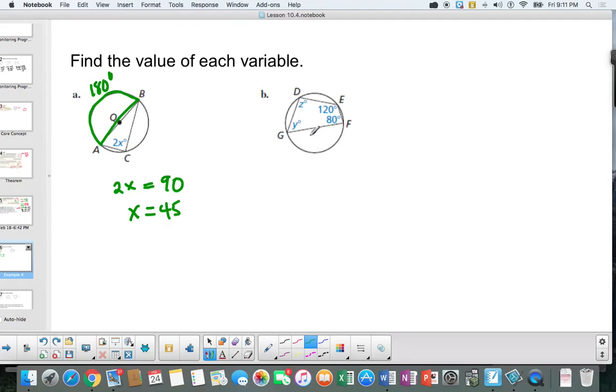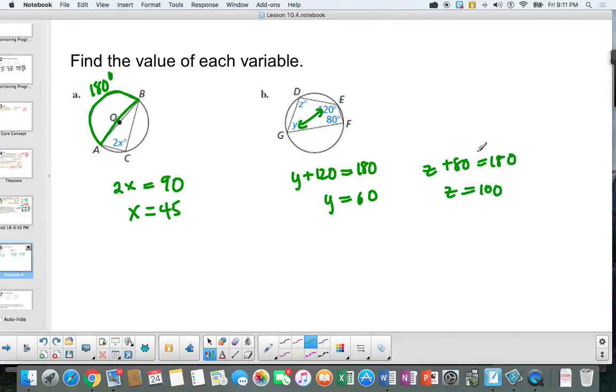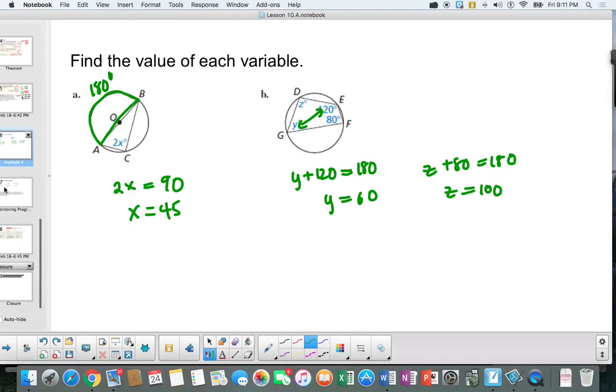This is our other theorem. These two opposite angles are going to be supplementary. So that's going to equal 180, and z plus 80 is going to equal 180. So y will be equal to 60, and z will be equal to 100.